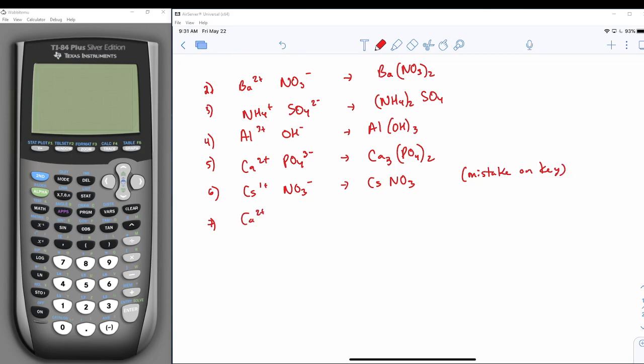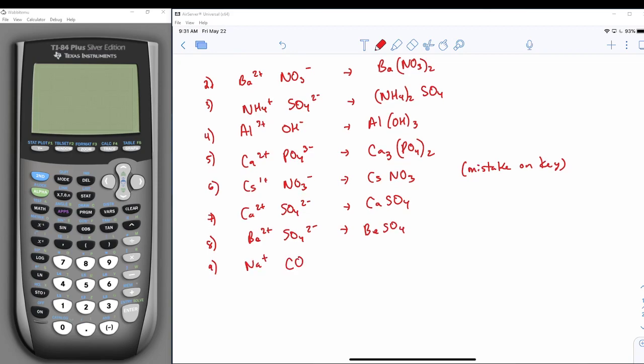Calcium sulfate, Ca2 plus, SO4 2 minus, CaSO4. Beryllium sulfate, Be2 plus, SO4 2 minus, so that's BeSO4. Sodium carbonate, Na plus, carbonate is CO3 2 minus, so that's Na2CO3.